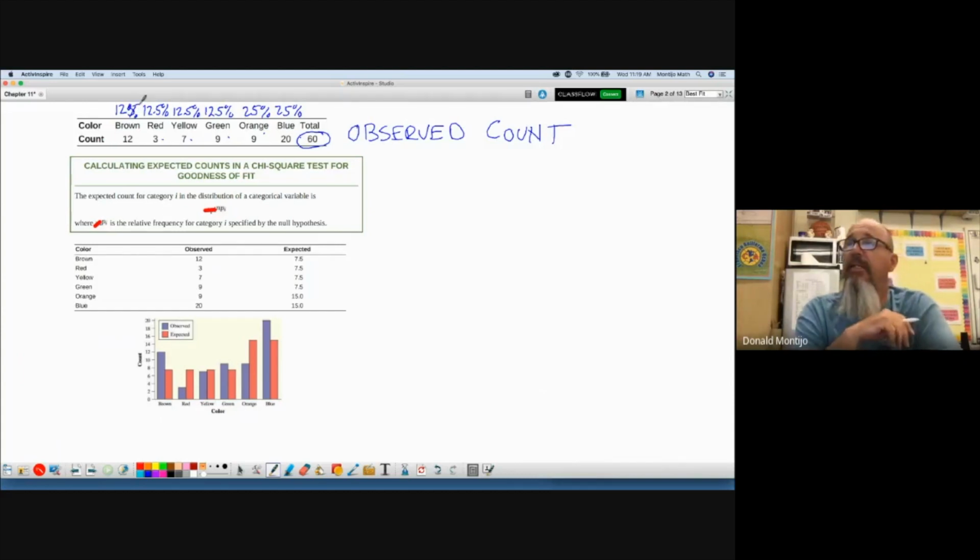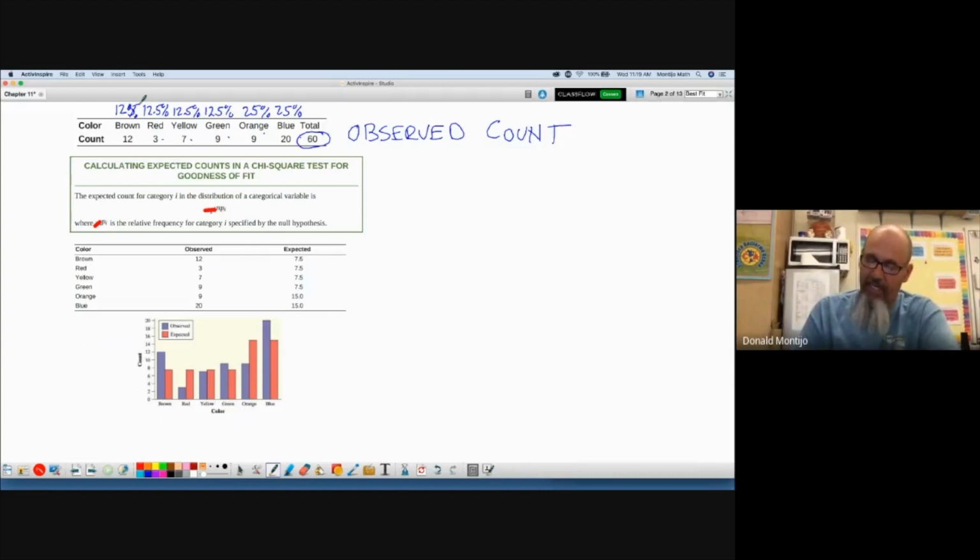That's the company's claim. Notice that these percents must add up to 100. So their claim is that 12.5% of all the M&Ms they make are brown, red, yellow, and green, and then 25% are orange and 25% are blue.